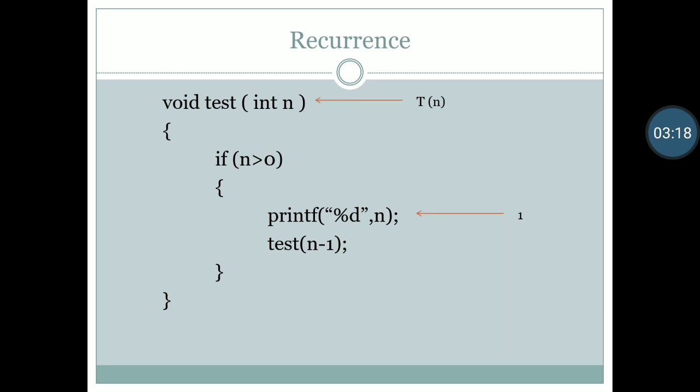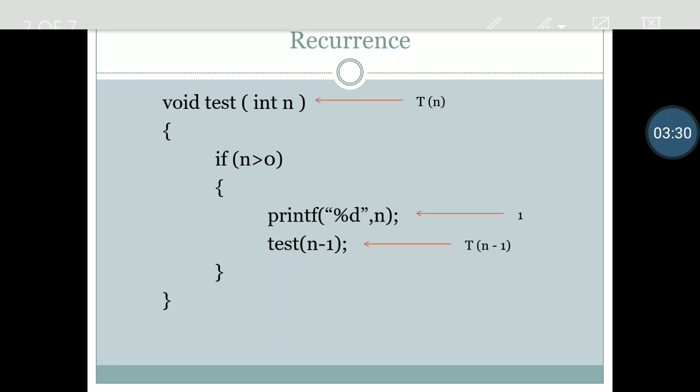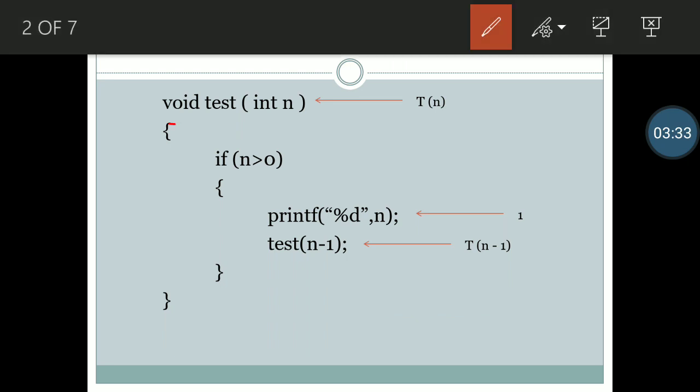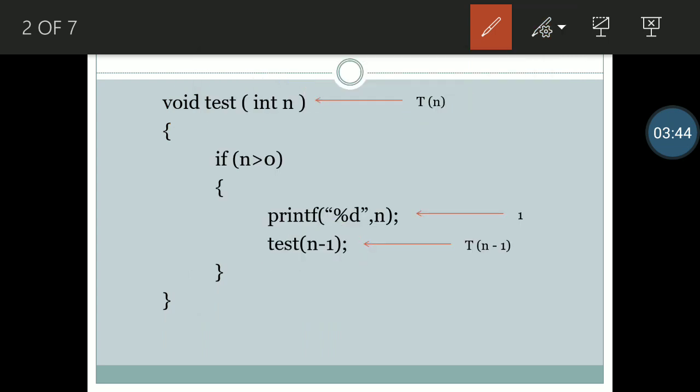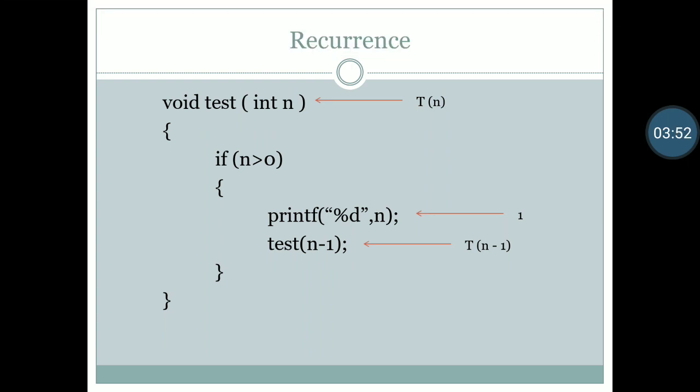The call test(n minus 1) will cost T(n minus 1). Why? If test(n) has complexity T(n), then test(n minus 1) will have complexity T(n minus 1). So for this function, our recurrence relation becomes T(n) = T(n minus 1) + 1.